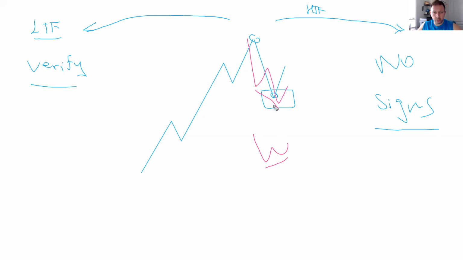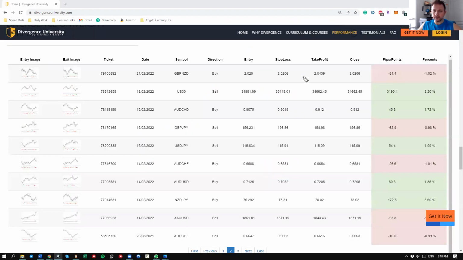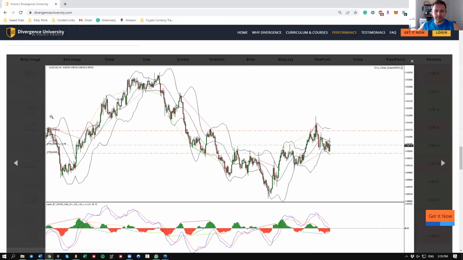So you would see lower lows on the chart and higher lows on the indicator. And these are the signs I want you to start implementing in your trading with hidden divergence, and I want to show why. So the first example is the Aussie CAD. What do we have here?